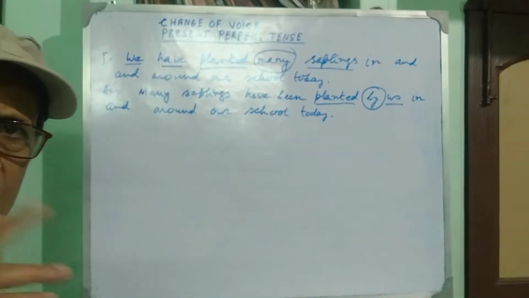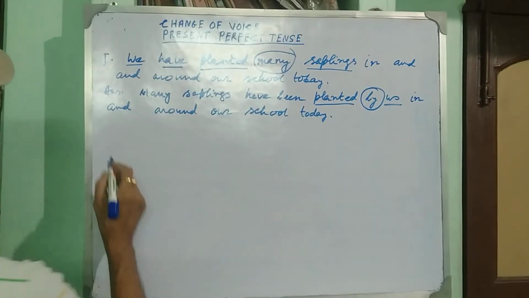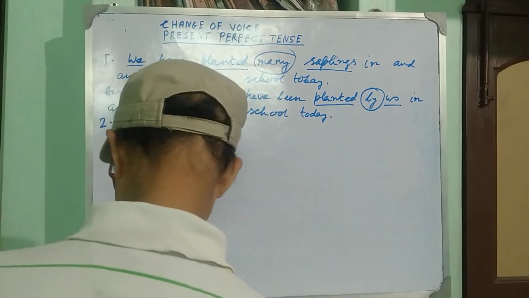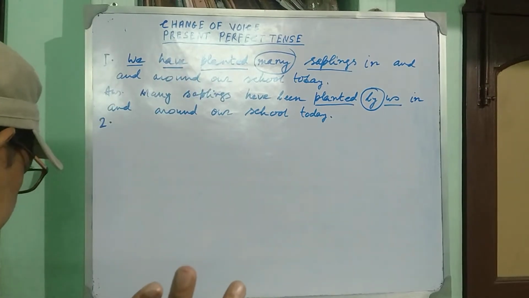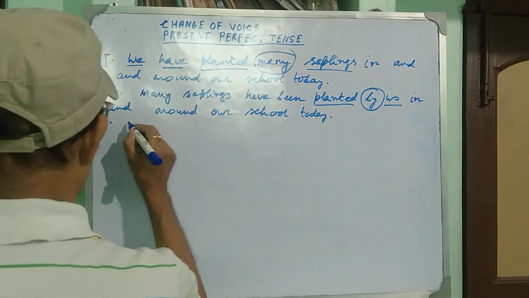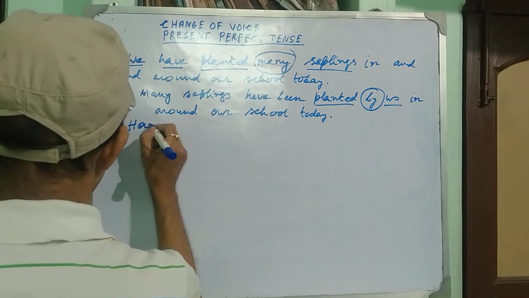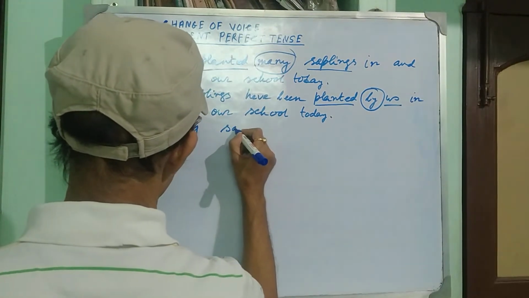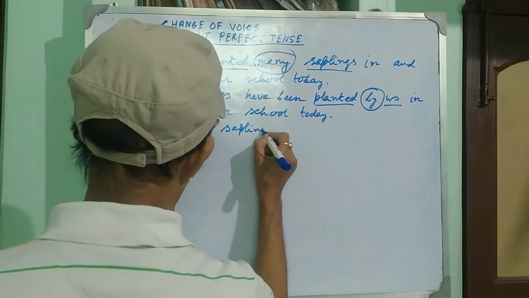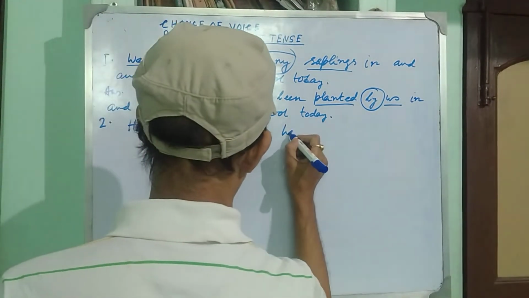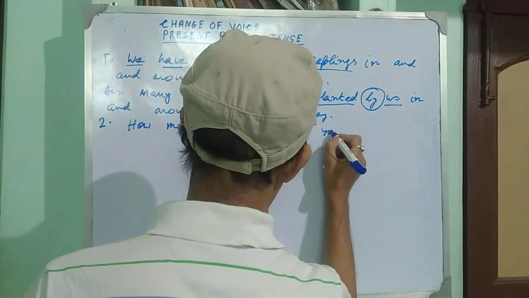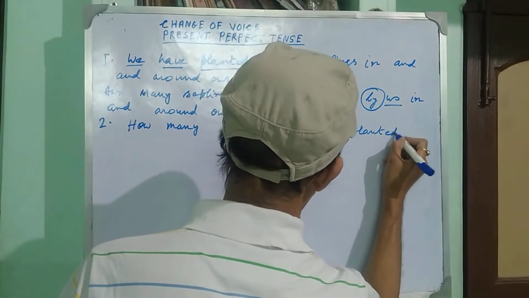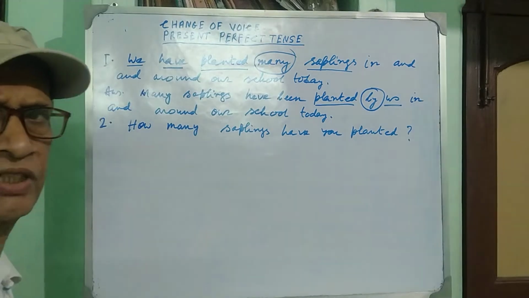Now let us come to the second example. For example, how many saplings have you planted? It is an interrogative sentence. How many saplings have you planted? Note of interrogation.